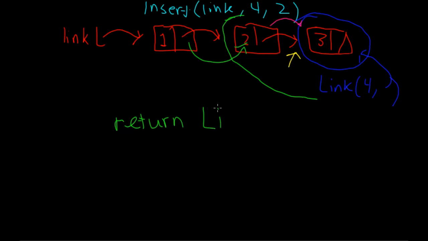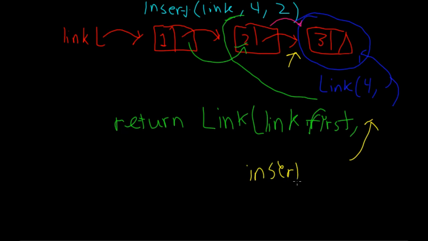What we're going to do is return link, and we first have to put link.first, because the first argument of the link constructor is link.first. And now we're going to call insert on the rest of the linked list. So how do we insert on the rest of the linked list? Well, we can insert on link.rest.